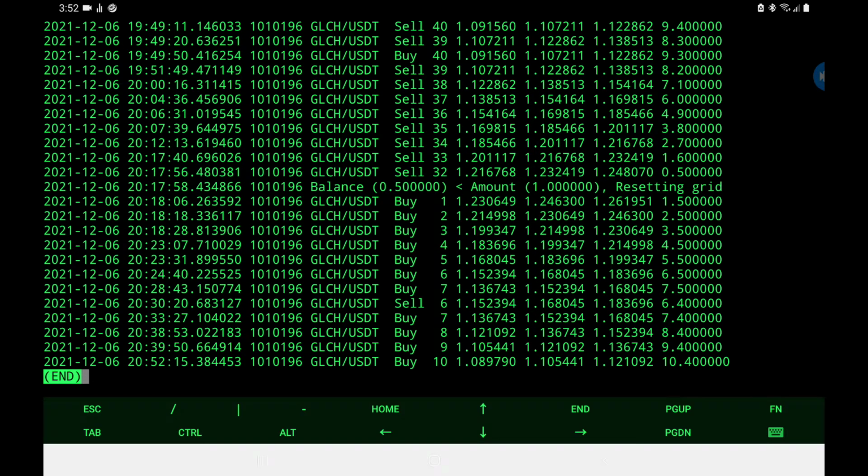Not empirical, real. I gained $1 whole from this process. That doesn't sound like a lot, but considering my position size is only $1.2 to $1.5 at this moment, that is significant, especially in the current market conditions.